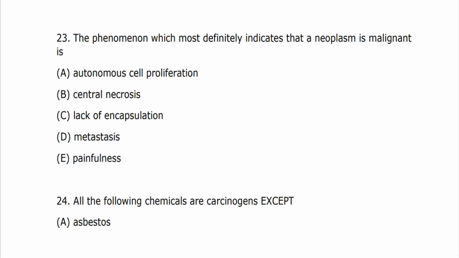Question 23. The phenomenon which most definitely indicates that a neoplasm is malignant is also an easy question, so I won't waste time on it. Anything can happen to a cancer cell, and you might still be in doubt whether it's malignant or not, but once it metastasizes, it is malignant.